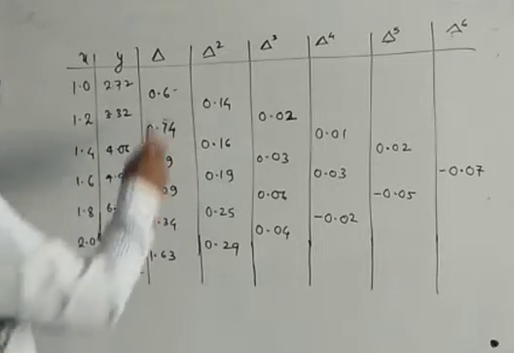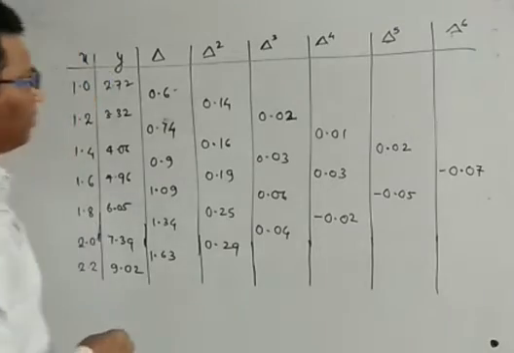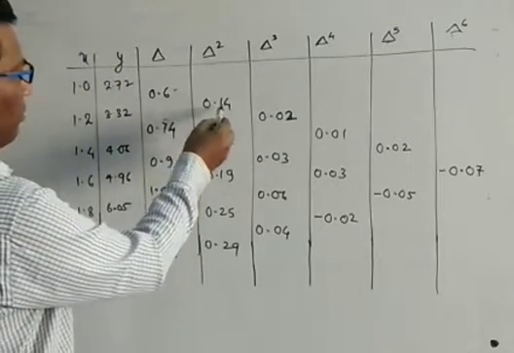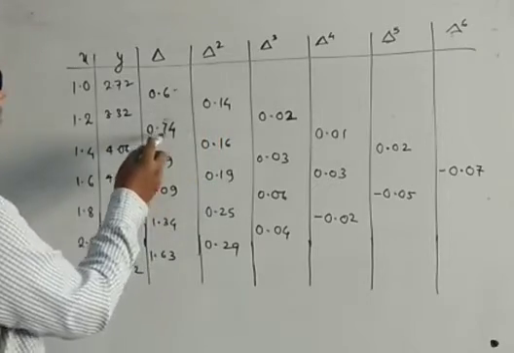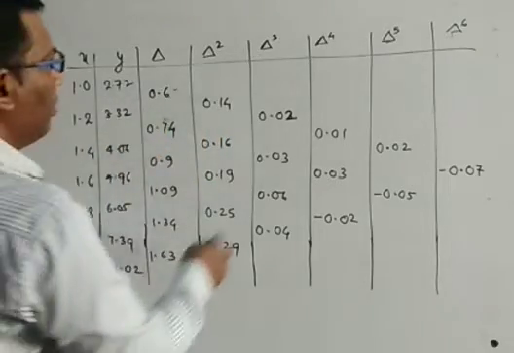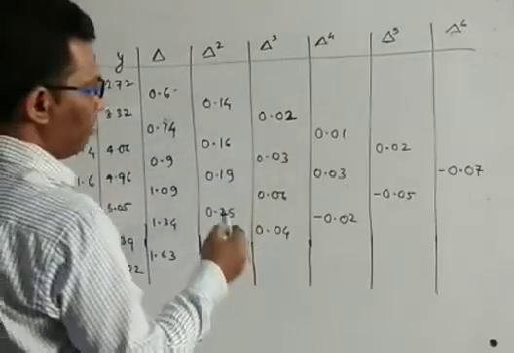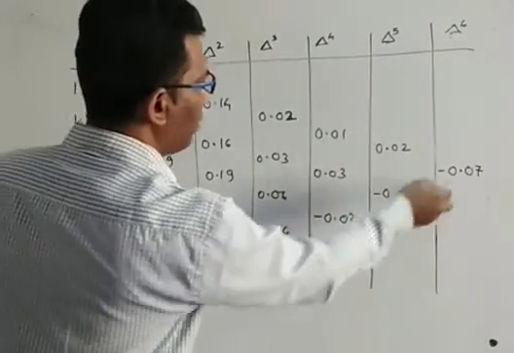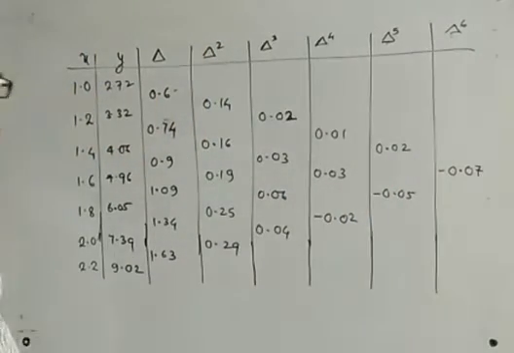And these are the first forward differences, and these are the second differences. This value is calculated as 0.74 minus 0.6, and so on. And this is the third forward difference value, this is the fourth, this is the fifth, and this is the sixth forward difference value.